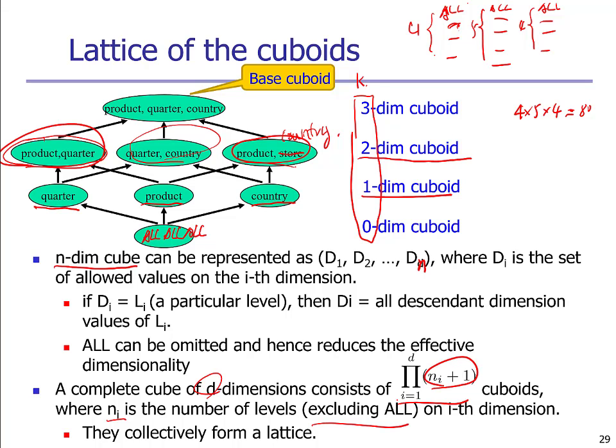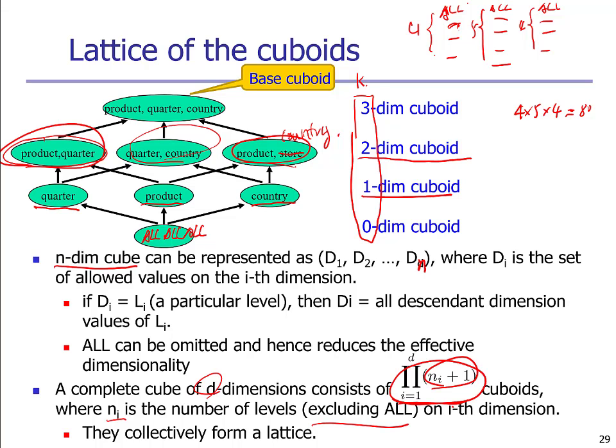All right, and we need to distinguish this concept from the computation here. A complete cube of d dimensions consists of this many cuboids. So the number here, of course, shouldn't be 4 if you mix these two things together, because this is the number of instances of the cuboids, and this is the types of the cuboid.